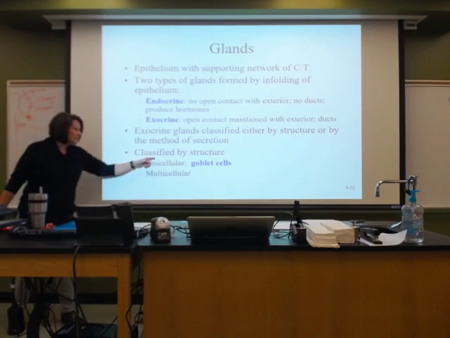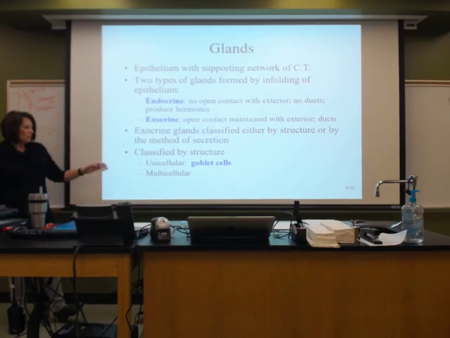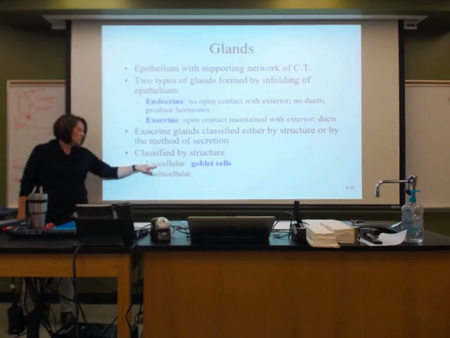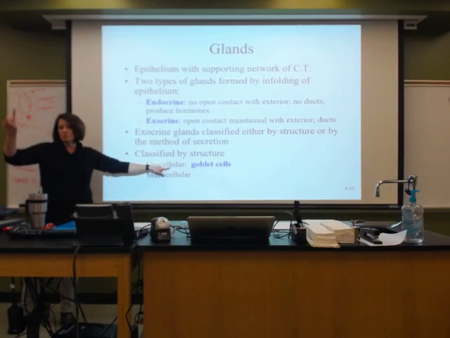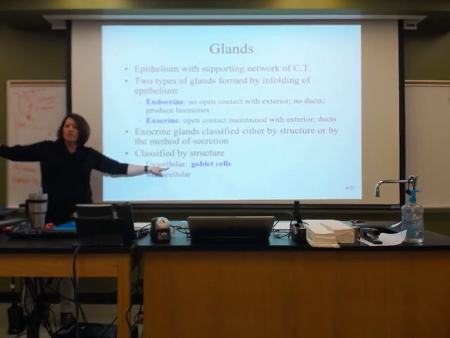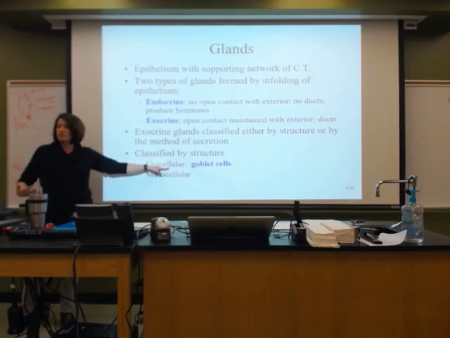If we classify them by structure, we're going to say it's unicellular, one cell. These are our goblet cells that we find in that pseudo-stratified columnar. The goblet cell is one cell and it produces and secretes the mucus.